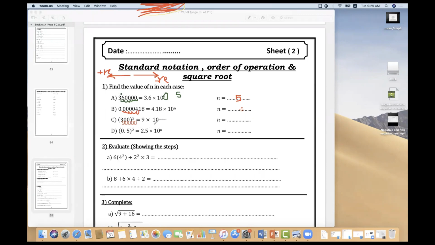Now I need to change it into this form, to be according to standard notation. So we will move in the left direction, which means the right direction. I have to move into the right direction. How many steps? 4. Excellent. So it will be 4 here. Positive or negative? Positive. Excellent. Because in the left direction I have a positive power.